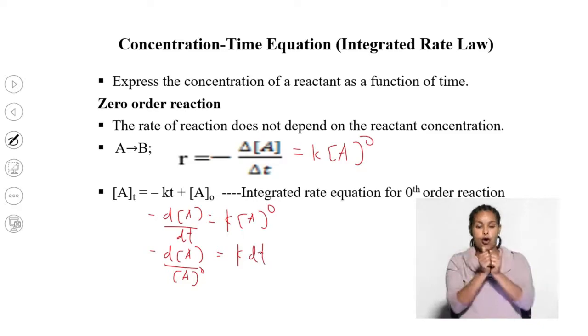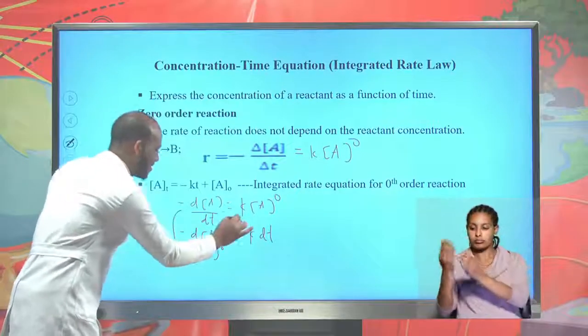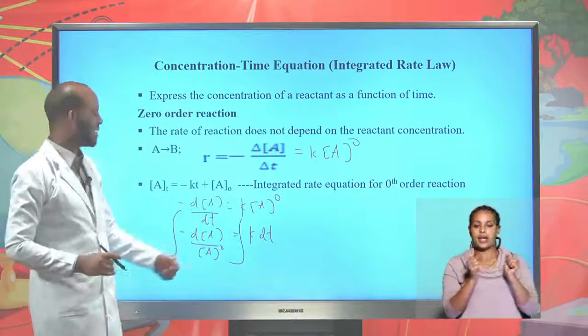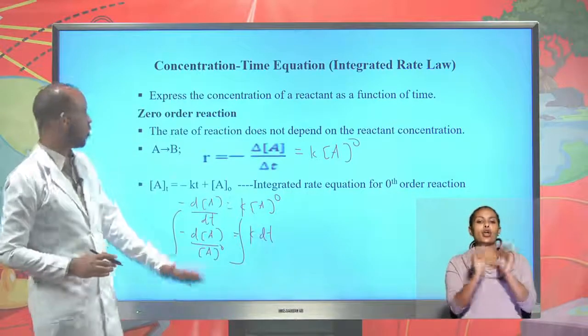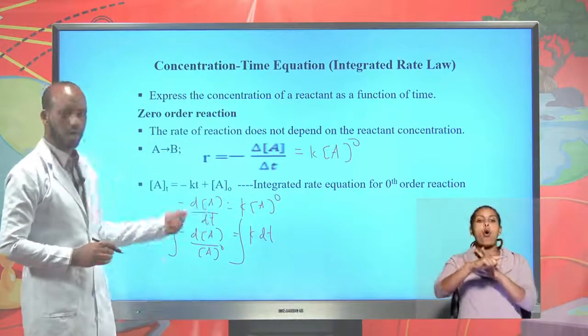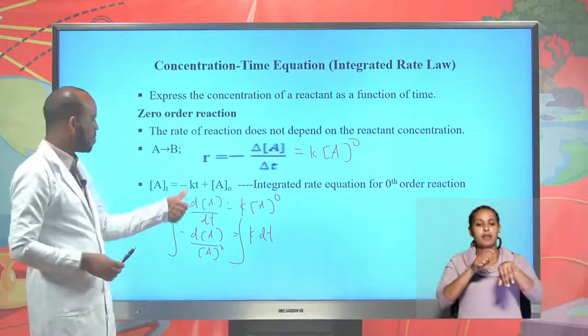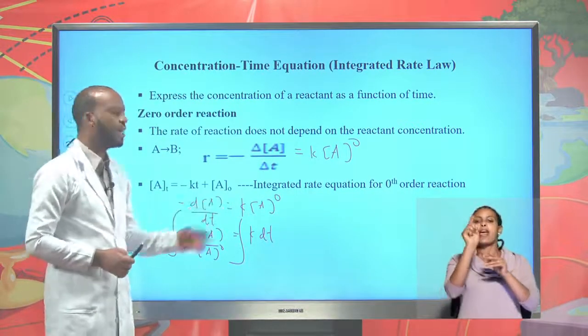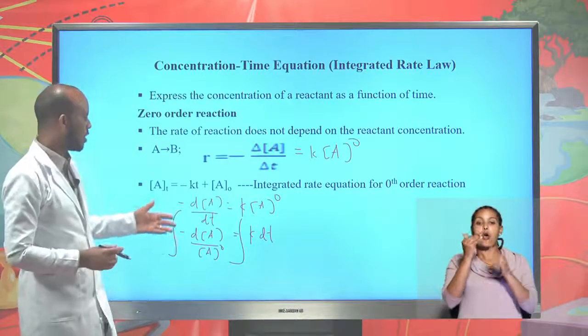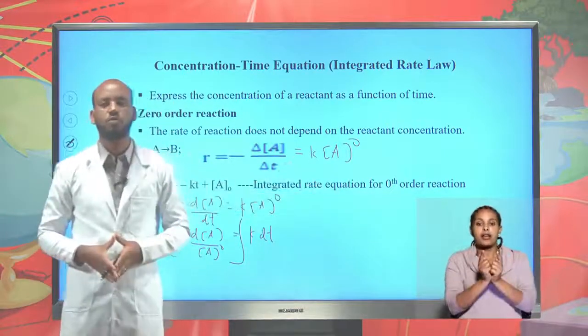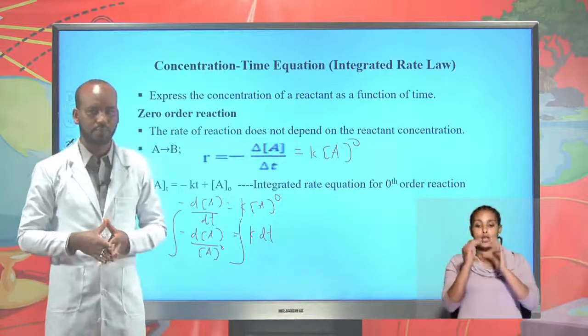Integrating both sides, we get an integrated equation for zero order reaction: concentration of A at any time t equals minus kt plus initial concentration. Now this is the integrated rate equation for zero order reaction.